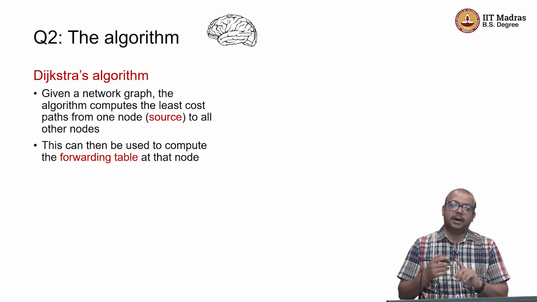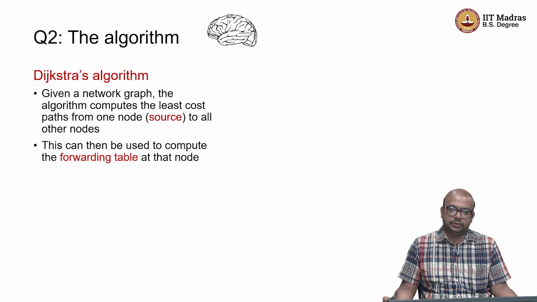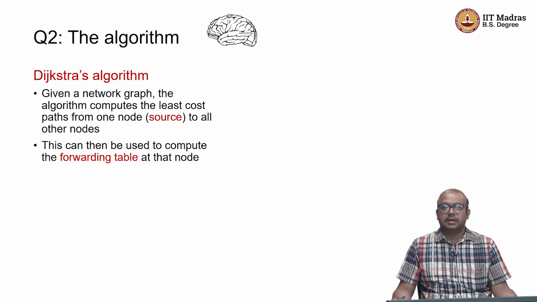If you know the path from the source to the destination, let us say S to D, if you know the path that was taken for a message to travel from S to D, you can compute the forwarding table. Forwarding table means suppose you are an intermediate node I. If your destination is D, what should be the next hop I should forward the packet to?